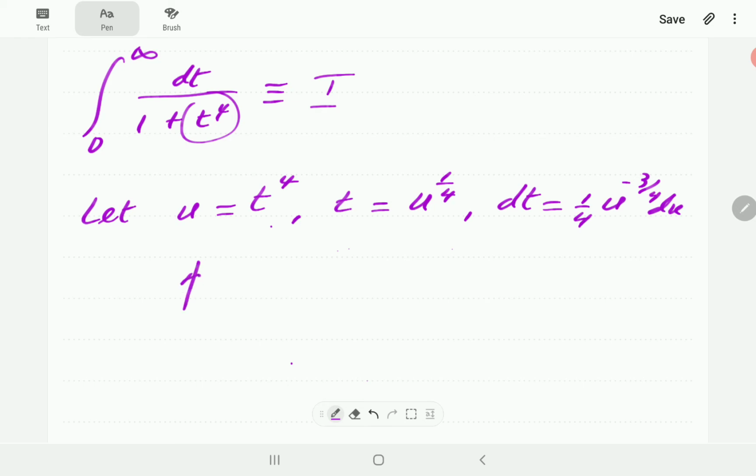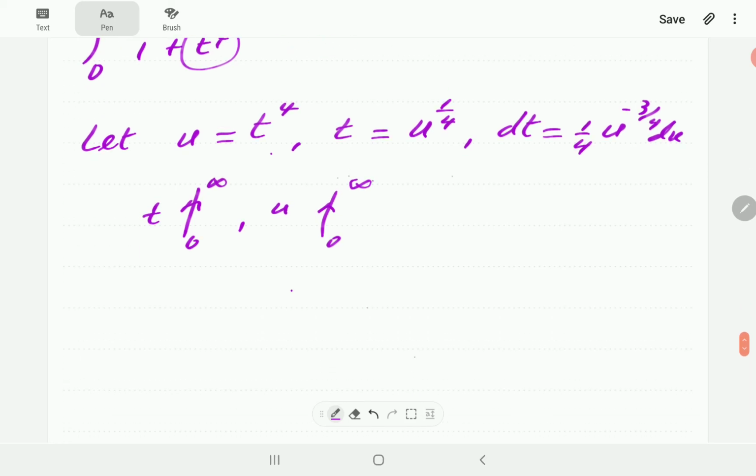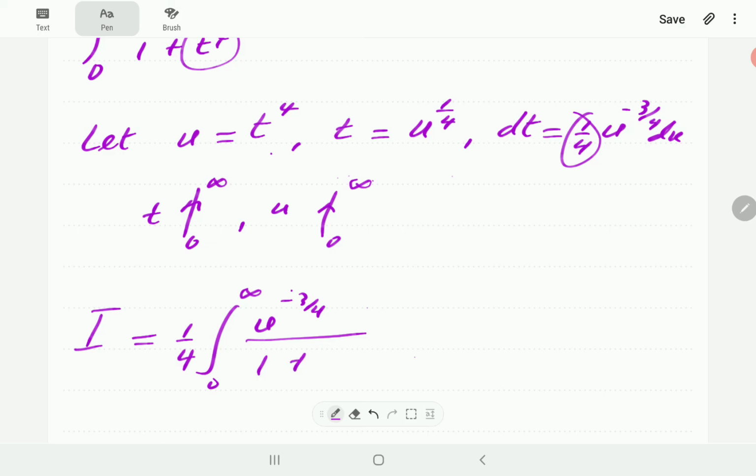The limits are going to remain the same, because when t is 0, u is 0, and as t goes to infinity, u also goes to infinity. So our integral is going to be 1 over 4, u to the power of minus 3 over 4, integral from 0 to infinity of 1 plus u.